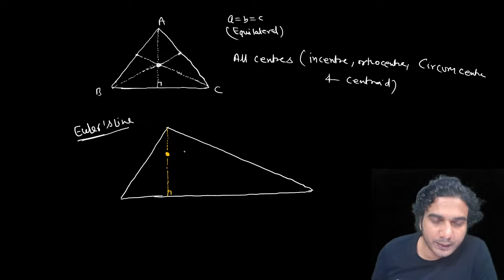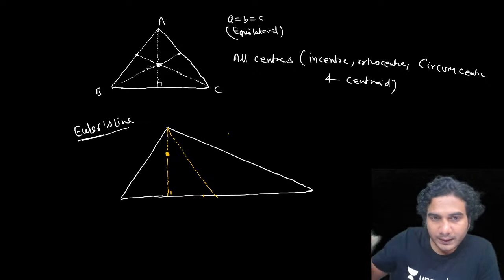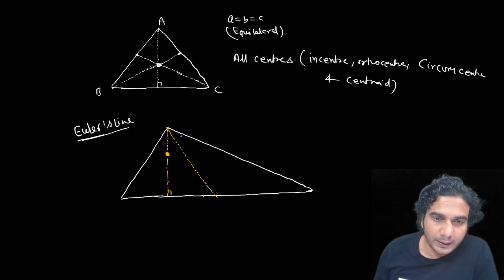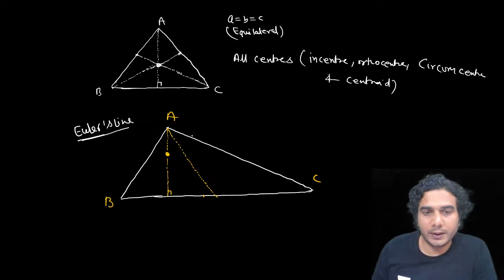So a little towards the top, and now draw the median. See, I have made this triangle in which one side is looking greater than the other, like this. I have made AC a little extended.